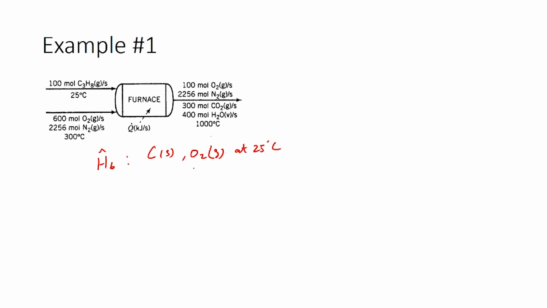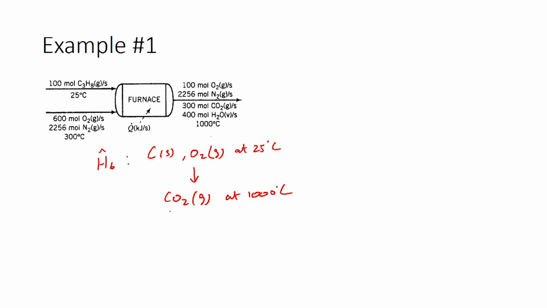From here it forms carbon dioxide gas at 1000 degrees Celsius. This involves two steps: one is the formation of carbon dioxide and the other is the heating of carbon dioxide from 25 degrees Celsius to 1000 degrees Celsius. In heat of formation, the standard heat of formation can be obtained for carbon dioxide being produced from carbon solid and oxygen gas at 25 degrees Celsius.